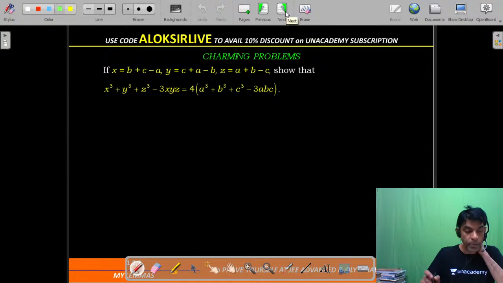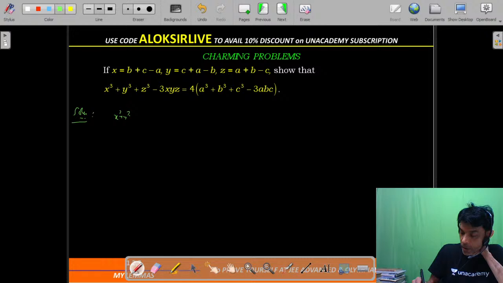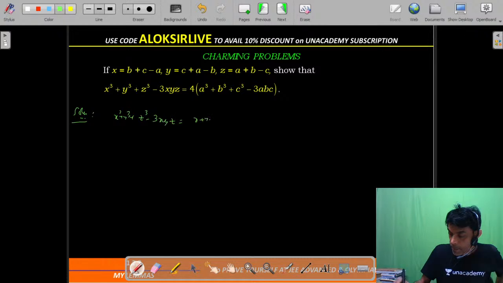This is b plus c minus a, c plus a minus b, a plus b minus c. Then you have to prove this kind of thing, x cubed plus y cubed plus z cubed. Again, you notice here that I will first use the form x cubed plus y cubed plus z cubed minus 3xyz is (x plus y plus z) times (x squared plus y squared plus z squared minus xy minus yz minus zx), and I told you that this form is not good, no?